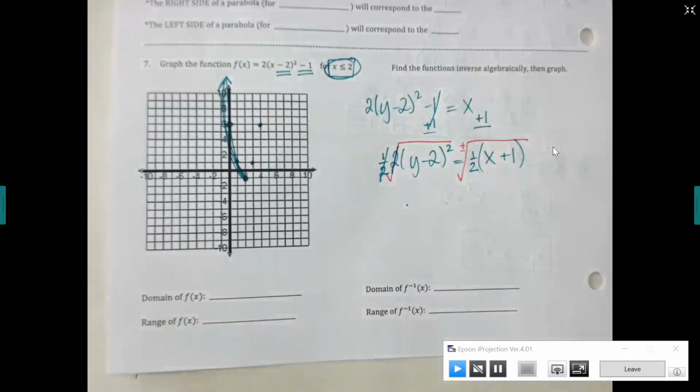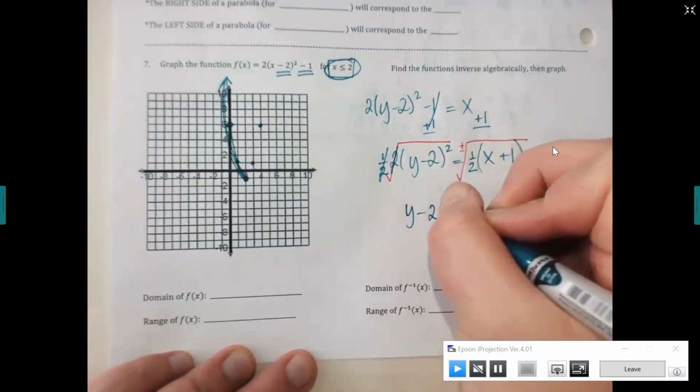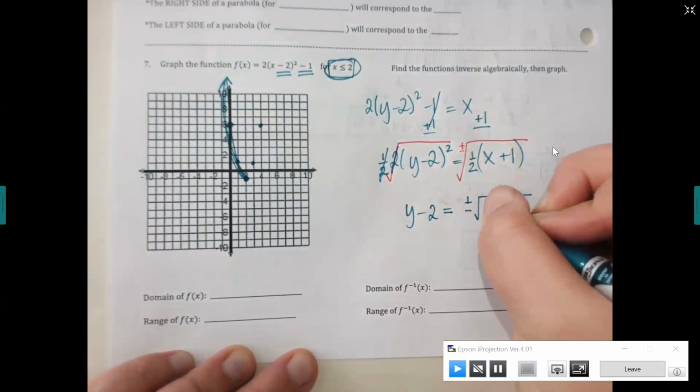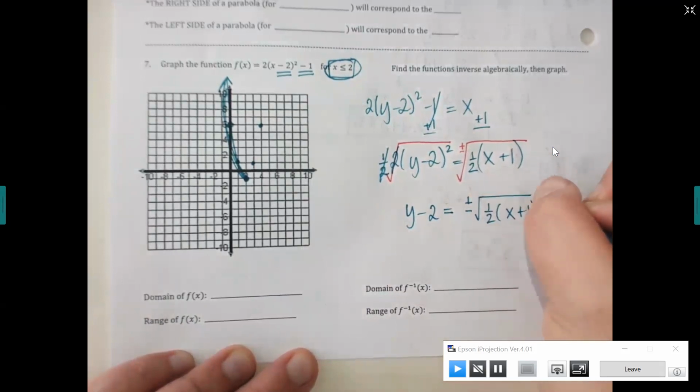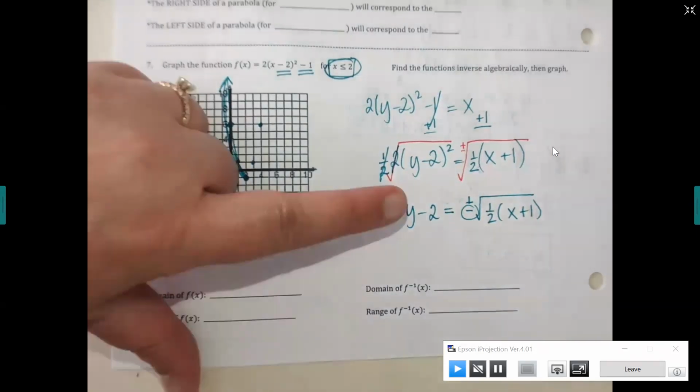I originally had a left side, so that's going to correspond with the negative in front of the square root. So you're going to have y - 2 equals, between the plus and the minus, I'm going to choose the minus only, because it's a left side of the parabola. Versus if we had originally had the right side, we would keep a plus. Then from there, how do I get rid of my -2?